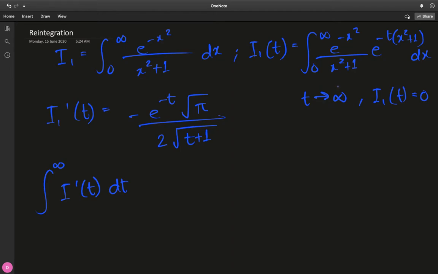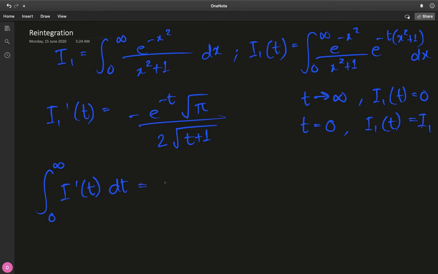And how can you relate I1 and I1 of t? Notice that when t is equal to 0, that's when we have e raised to 0 here, and this thing goes to 1, since e raised to 0 is 1. That's when I1 of t is just equal to I1. So our lower bound should be 0.